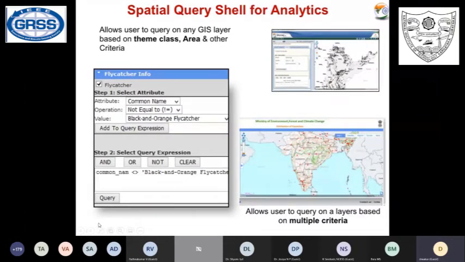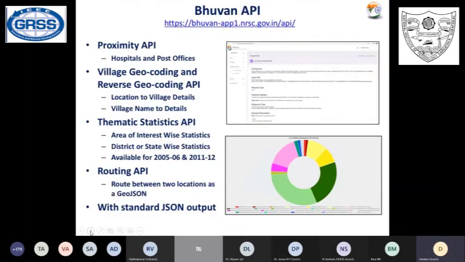A typical query for analytics gets allowed onto the system, where you can get the thematic class of a particular GIS, you can estimate area on the fly, and you can use the various types of Boolean algebra to get the exact process data the way you want it and the way you would like to process it.